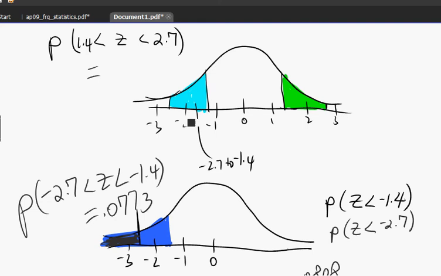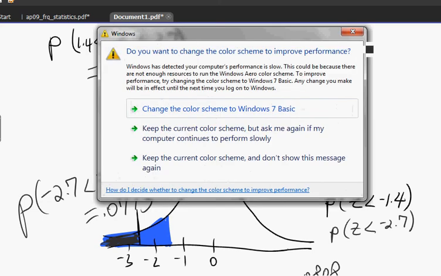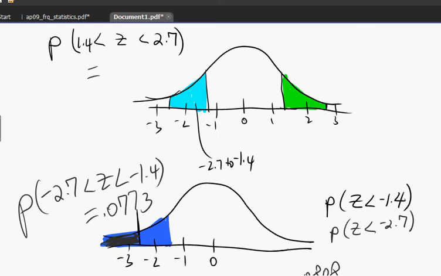The reason that we did this was because you told us there was some symmetry. So what do I know about the blue area and the green area? Same. So what is the proportion of the area from positive 1.4 to positive 2.7? Yeah, it's the same.